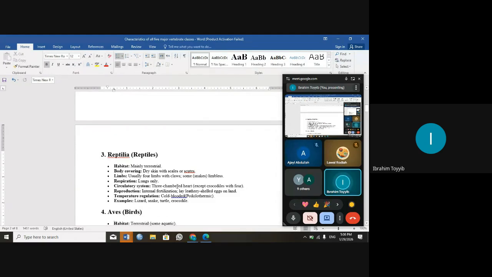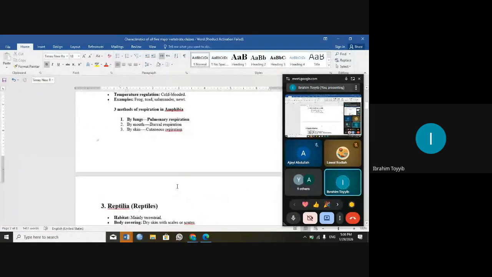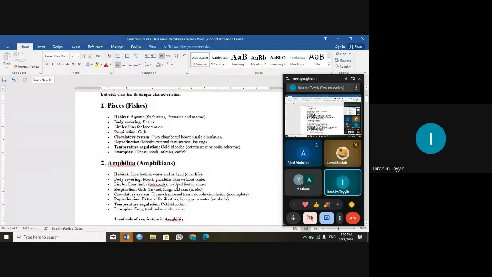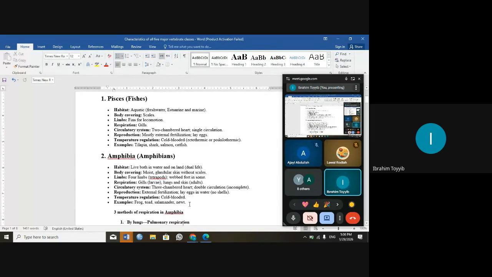Also, there is something very important. Pisces are oviparous. Oviparous means they lay eggs. Amphibia also lay eggs, they are oviparous.